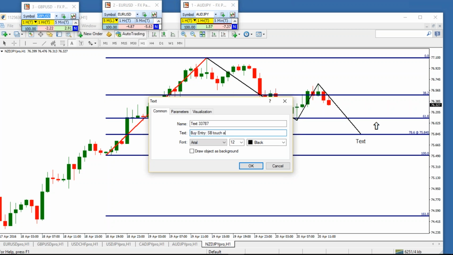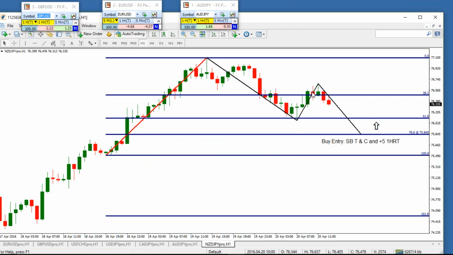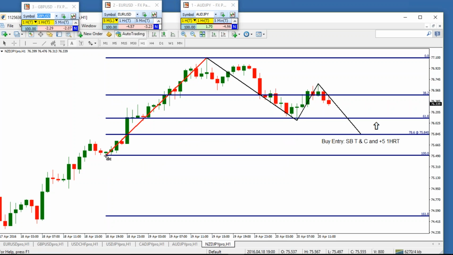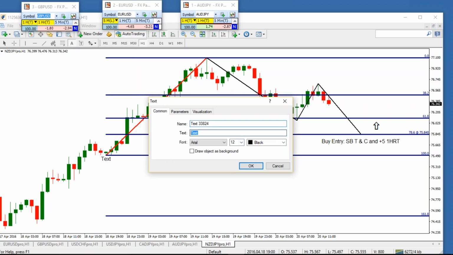Single bar touch and close off 78.6. Actually, we usually do T and C, and +5 on the 1 hour T. Put our stop. Single bar just means we just need one candle to come up and close off of it, 75.487 as far as the stop.